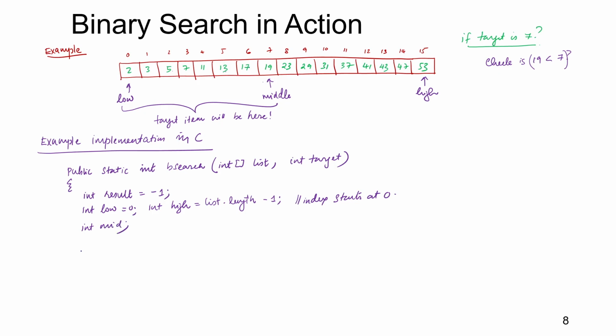Then you will say while result equal to -1 and low less than or equal to high. If result is -1, that means you have not found the result, and low is less than or equal to high, that means the list is still not empty.